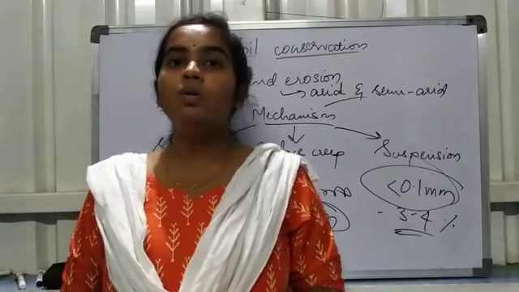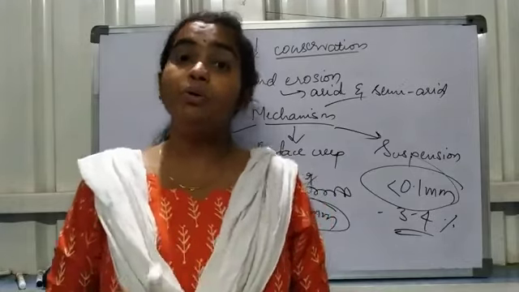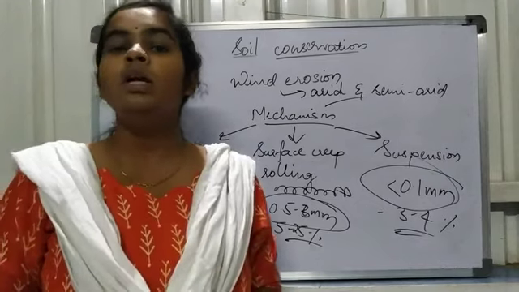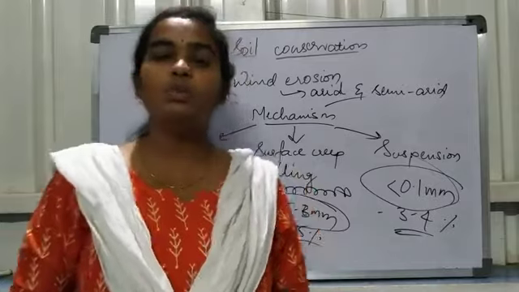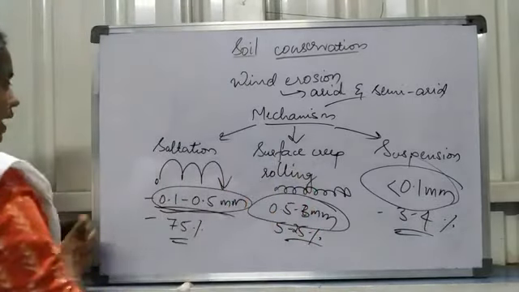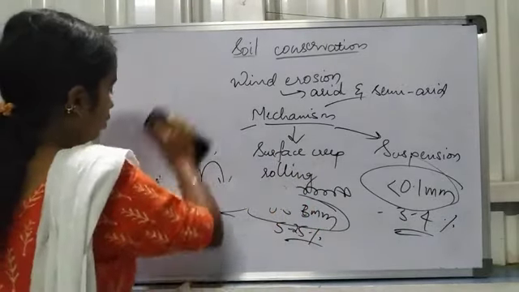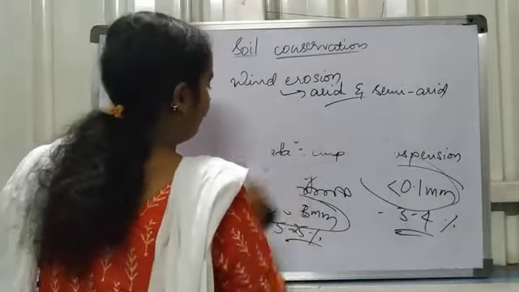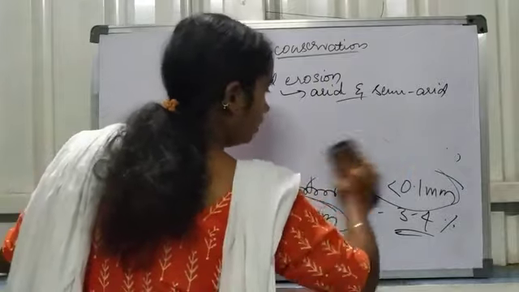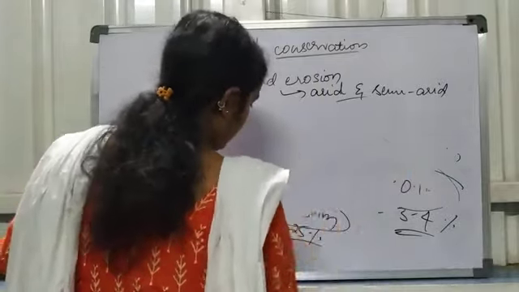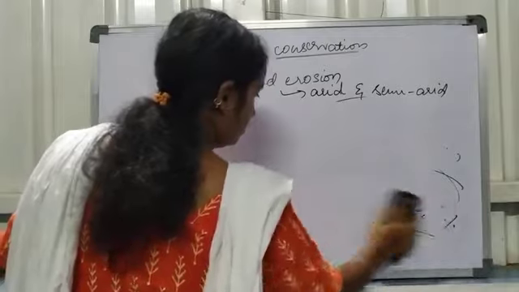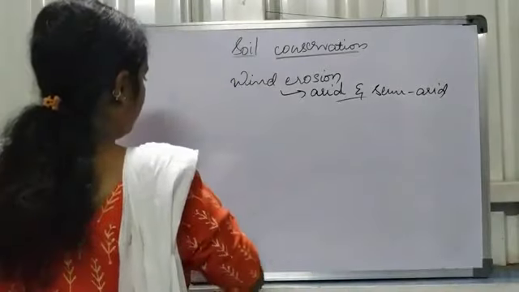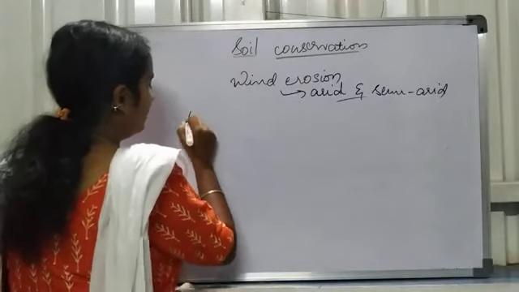Now let us talk about the soil loss equation due to wind erosion. Like what we learnt in water erosion, the universal soil loss equation which we had studied, similarly for wind erosion also there is a formula given by Chappell and Woodruff. And the formula goes like this.